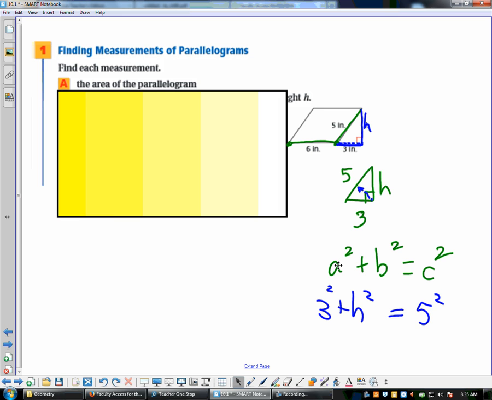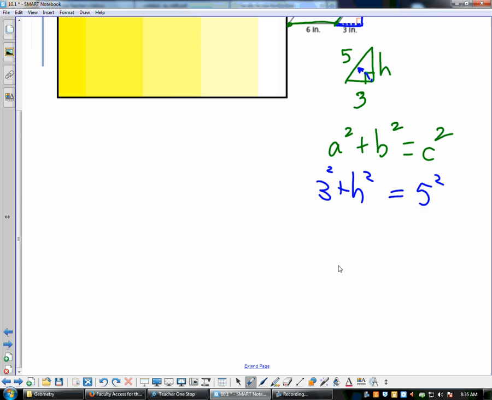Really? What's 3 squared? 9. So I got 9 plus h squared equals, what's 5 squared? So what do I do next? Find h squared. I'm going to do what?